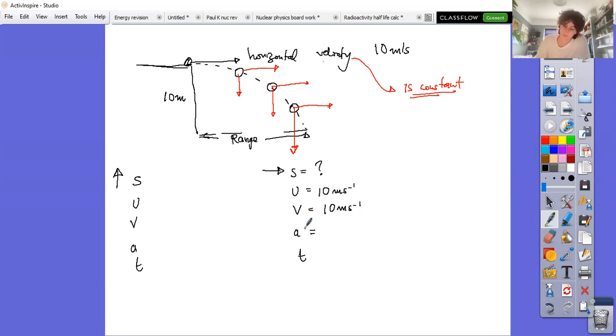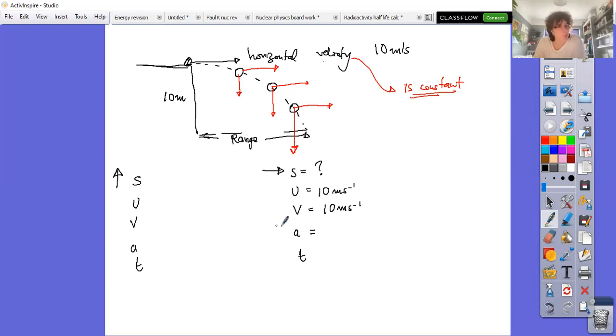What about the acceleration? What would you say? Is there acceleration? Well, acceleration due to gravity is only vertical. Correct. So in this horizontal plane, is there anything that's accelerating or acting to make it either faster or slower horizontally?